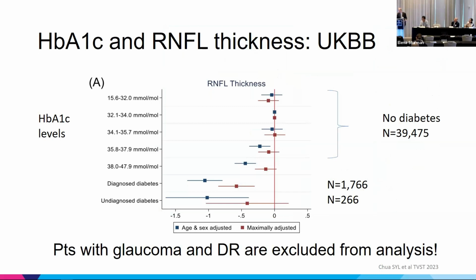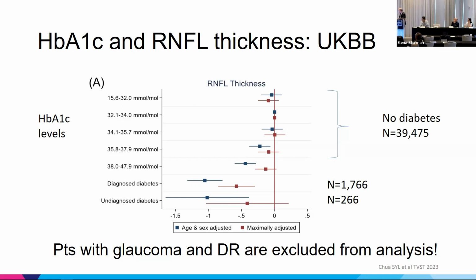And again, using the UK Biobank, he's demonstrating that even patients with a borderline high hemoglobin A1C, when you go to your internist and he says, your hemoglobin A1C is 6.1, you just go, my blood sugar is okay. But that was associated with a thinner retinal nerve fiber layer thickness in the UK Biobank.